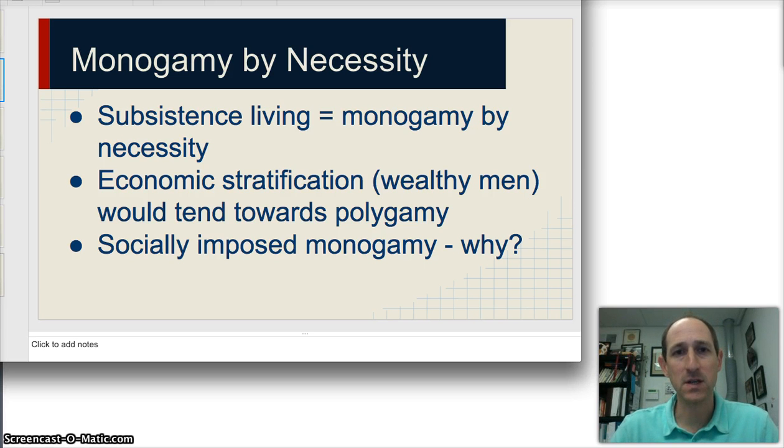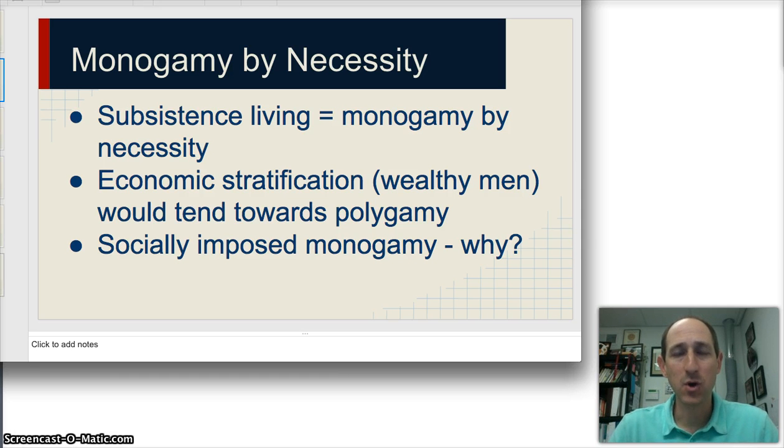The first reason Robert Wright talks about in the book is monogamy by necessity. What that means is that in most hunter-gatherer societies, which is a lot of the evolutionary environment in which we evolved, there really were not a lot of resources. People lived moment to moment, day to day. They gathered or hunted as much food as they could, and they didn't have a lot of resources.